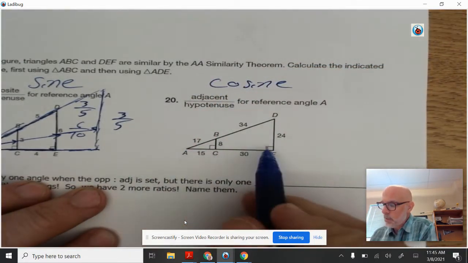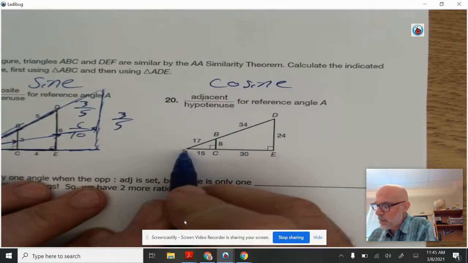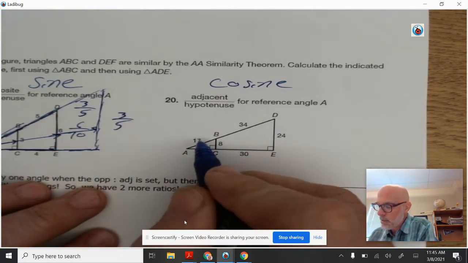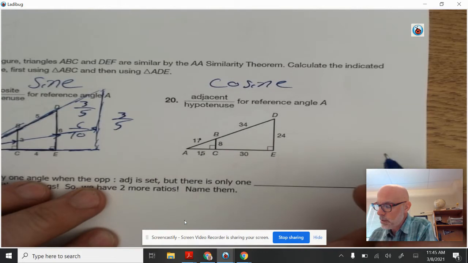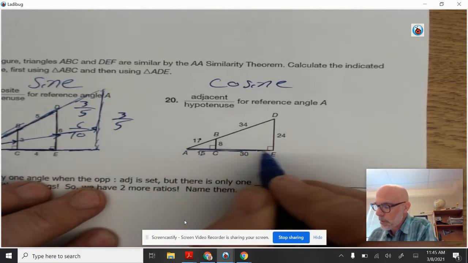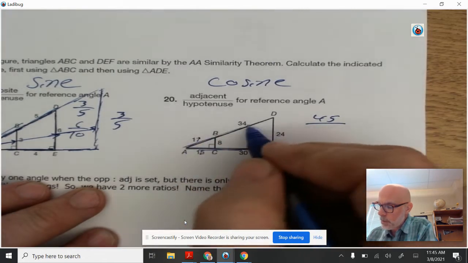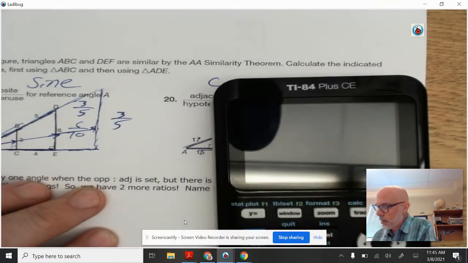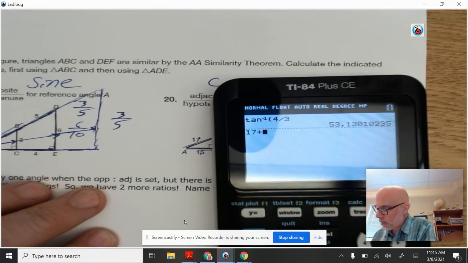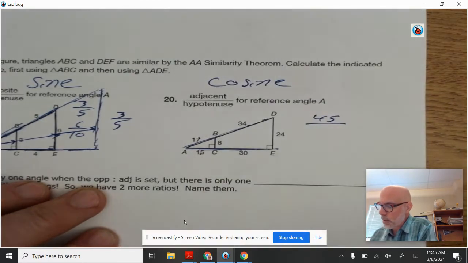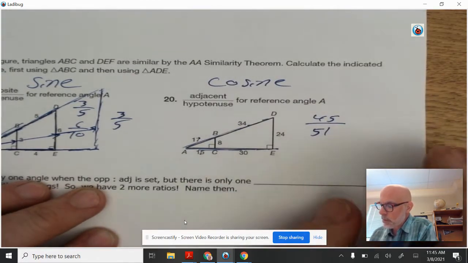And again, this could be argued for the same thing, just as long as I compare 15 to 17, which is the adjacent and hypotenuse. I could compare the 45. What's 17 plus 34? That would be 51, right?